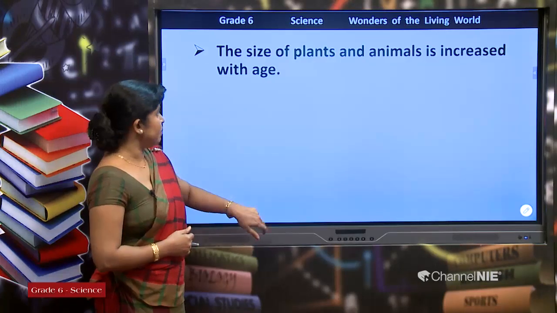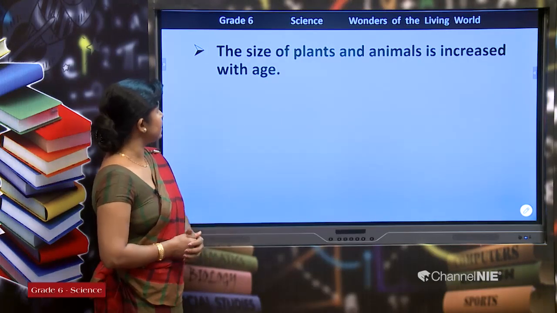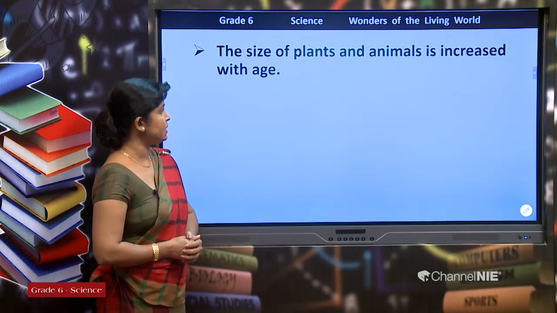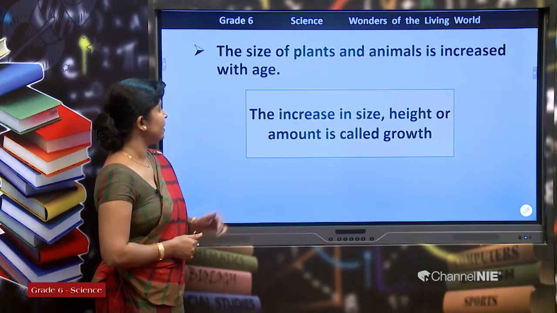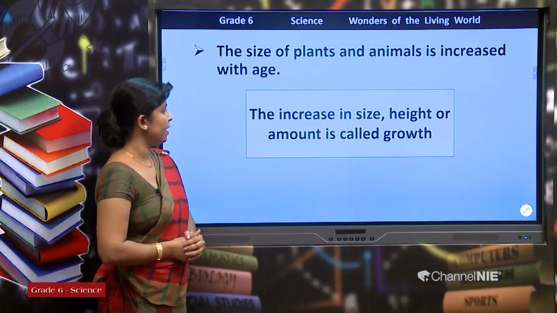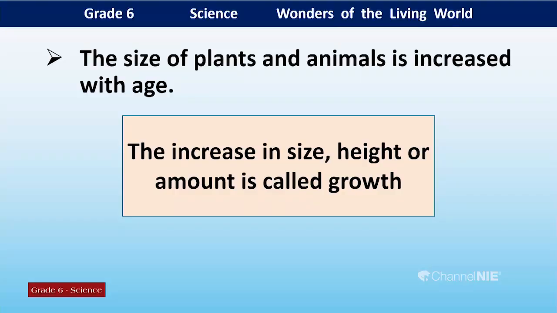We will see a simple definition for the growth. The size of plants and animals is increased with the age, right? The increase in size, height or amount is called growth. You can write this. The increase in size, height or amount is called growth.